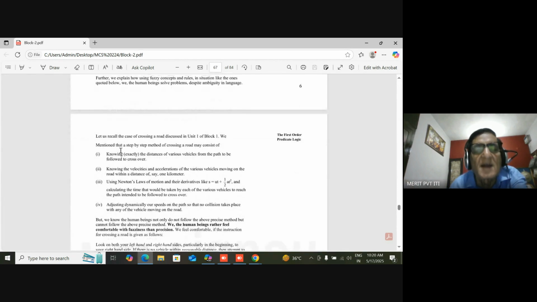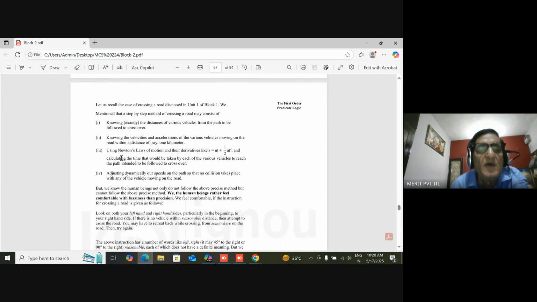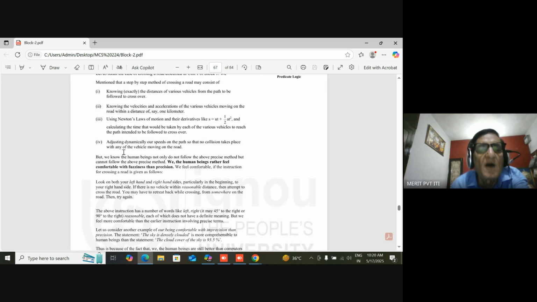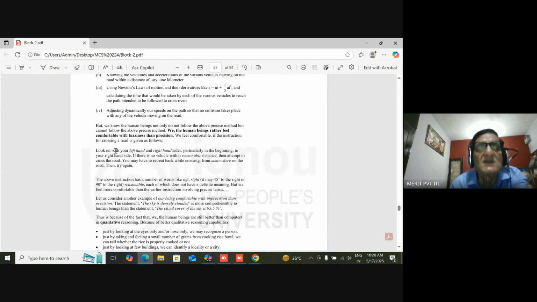That type of thing is knowing exactly the distance of various vehicles from the path we are following at the crossover, knowing the velocities, using Newton's law of motion, all these things. We human beings feel comfortable with fuzziness rather than precision.